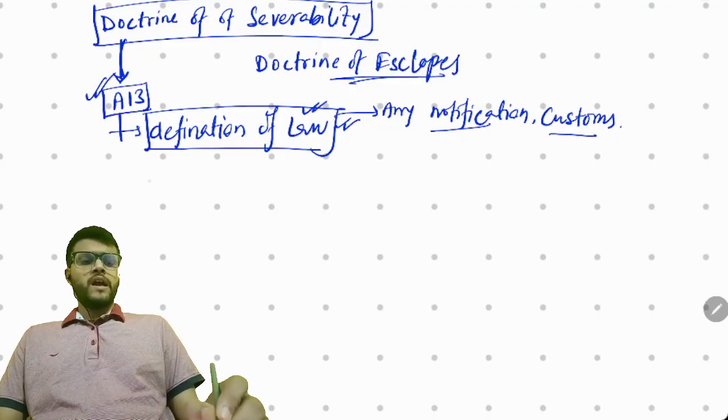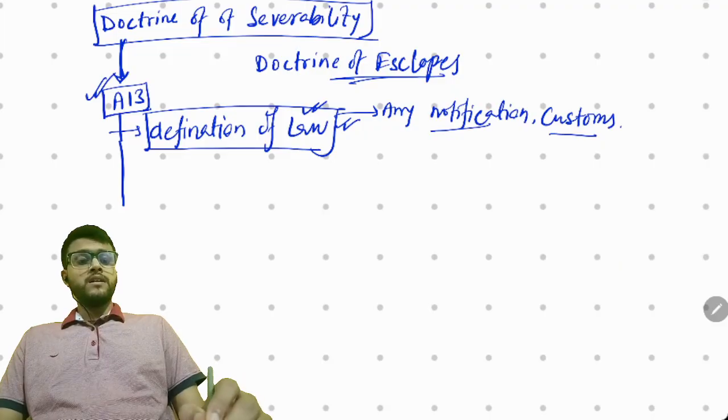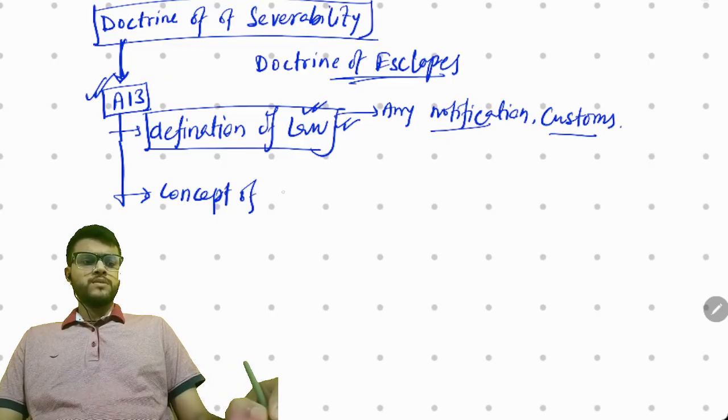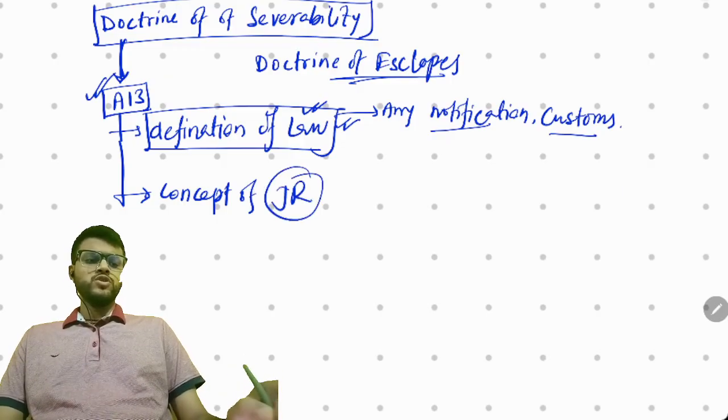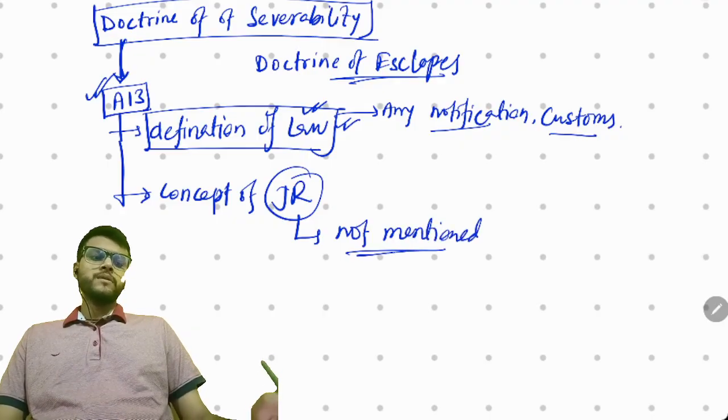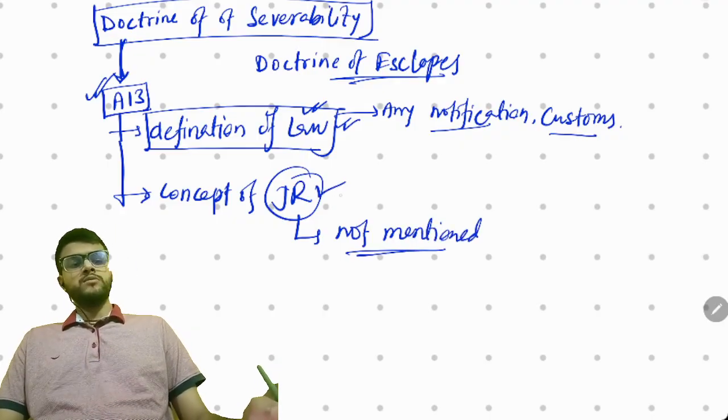Here the concept of judicial review is not mentioned directly, but the concept of judicial review is mentioned in Article 13.